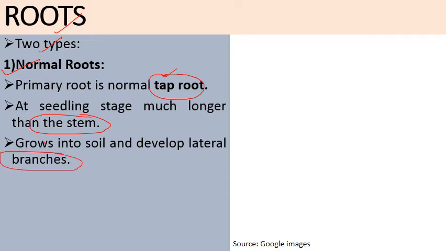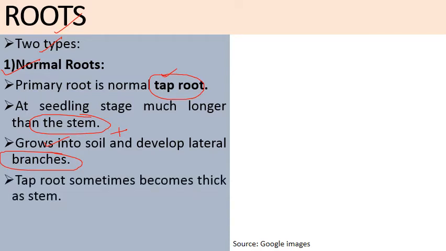These roots grow positively geotropic. They show positive geotropism, meaning they grow into the earth, and they also develop lateral branches. Tap roots sometimes become thick like the stem, which means they also show secondary growth.